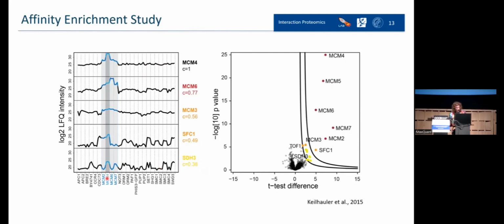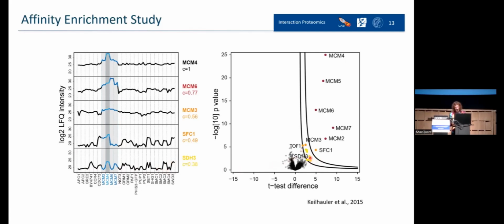If we analyze only this experiment, focusing only on this gray line, so only that experiment with that bait compared to all the background, we may think that SDH3 could also be part of a complex, because it's overexpressed here as it is in all the other experiments. But then, if we check the profile plot, we see that this protein is also present many other times in many other baits. So we can say the correlation is very low, and it is probably not a specific binder.